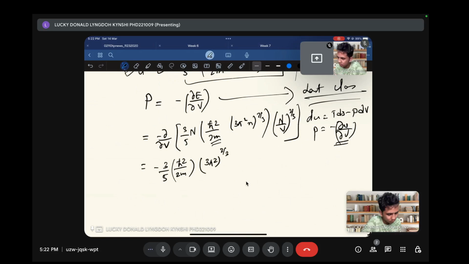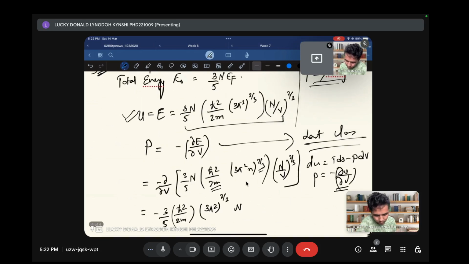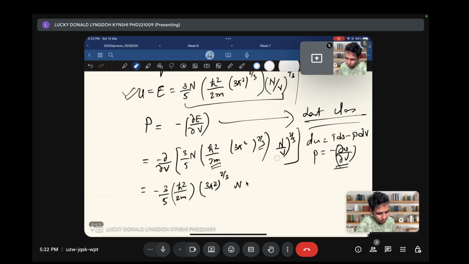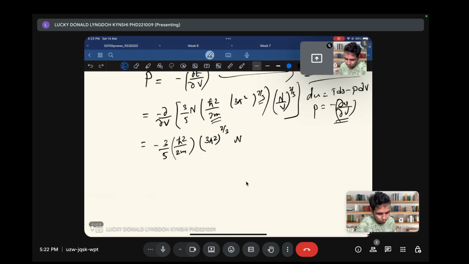Remaining what? Remaining n, this is 2 by 3, and sorry, there should not be any n here because I have already multiplied here n divided by v. So n is 1 and this is 2 by 3, so for n you get 5 by 3. How do you get that?